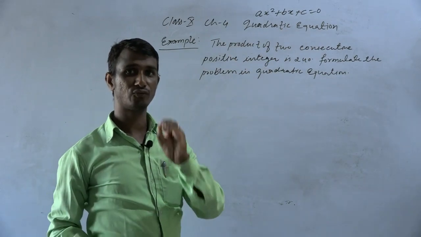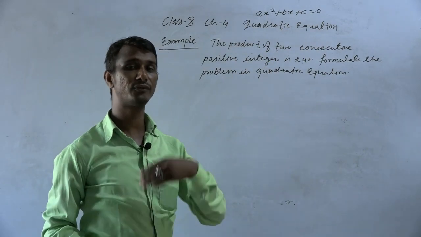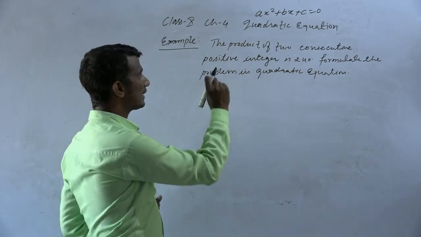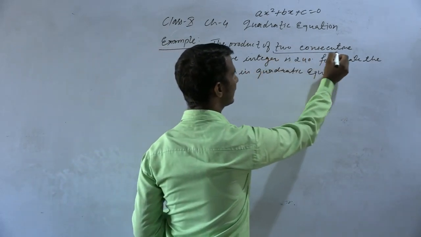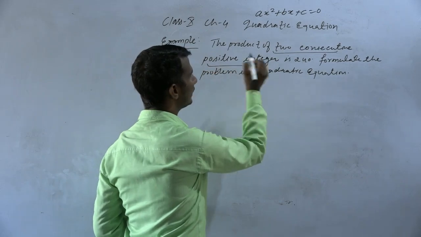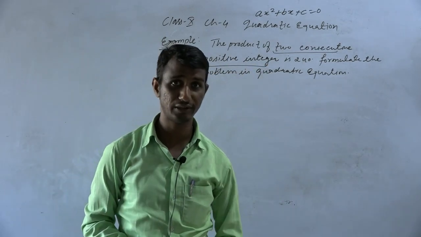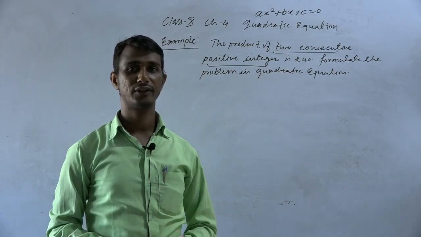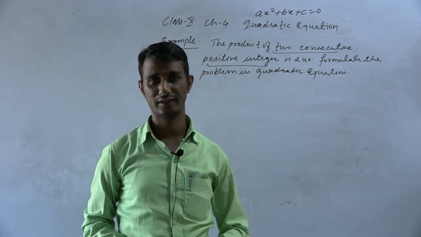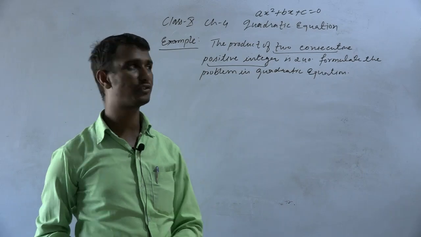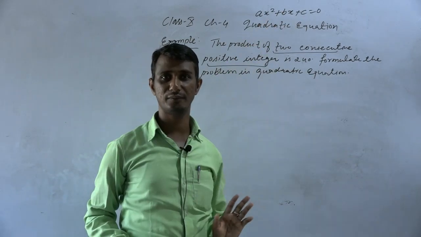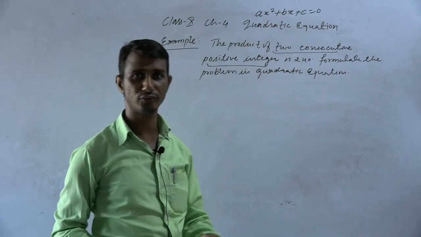First, what is not given, what we want to find out: we are searching for two consecutive positive integers, and we don't know them because both are unknown. So first we take the first unknown term, and we assume any variable, k, x, w, whatever you want.